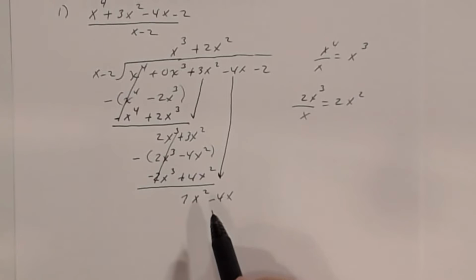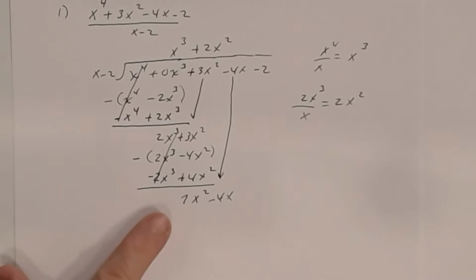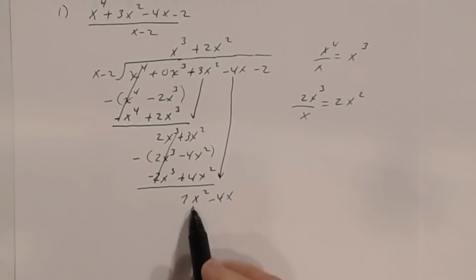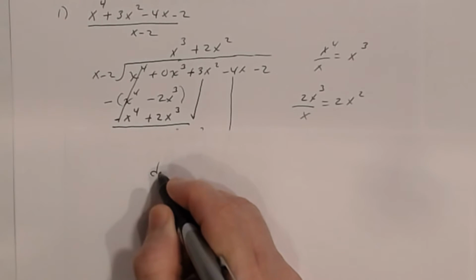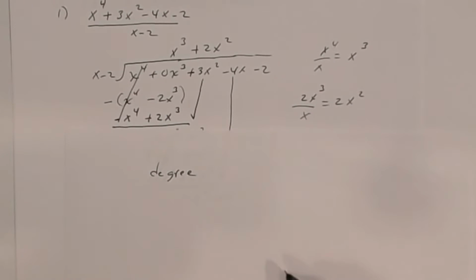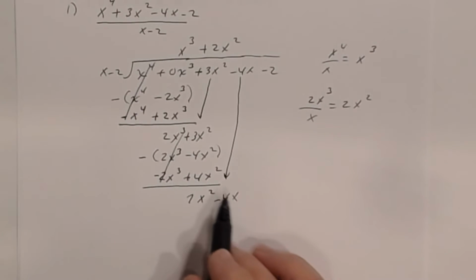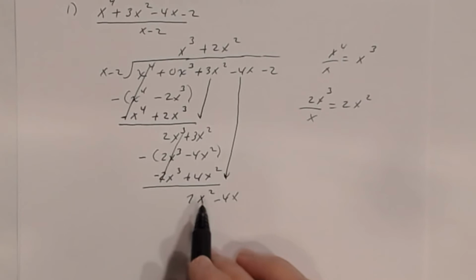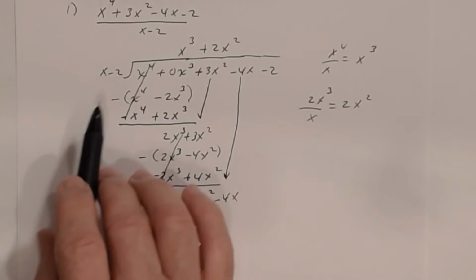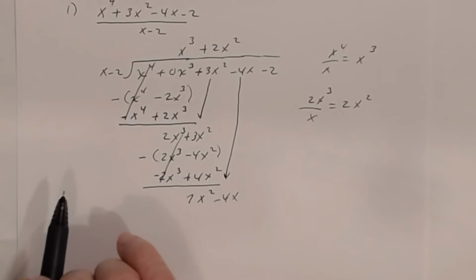Now just remember that you're going to continue the process. In other words, you're going to continue this repetition as long as, now look, remember the degree? I'm using the word degree here. The degree, and you learned this in a previous lesson, of this polynomial right here, this remainder, is 2. The degree of the divisor is 1.